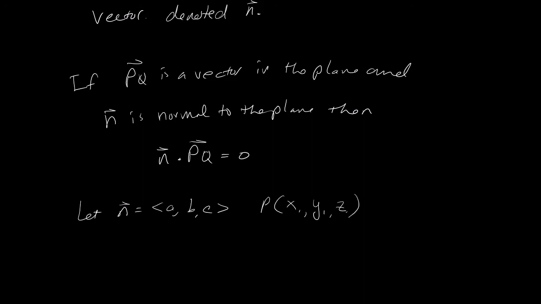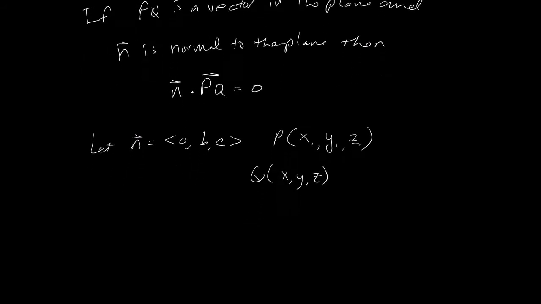And we're going to let Q be any point in the plane, x, y, z. I just need one point in the plane. After that, we need Q to be free to be any point because we want to collectively represent all possible points in this plane.